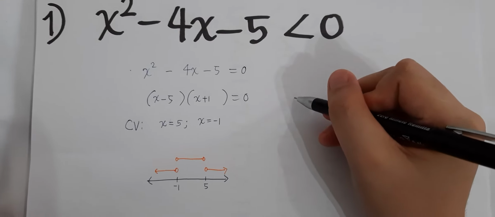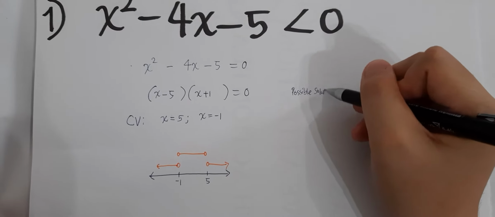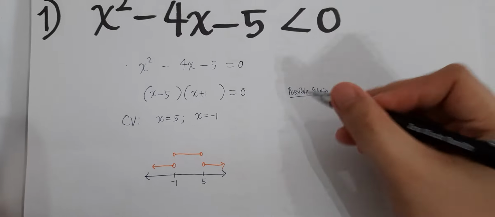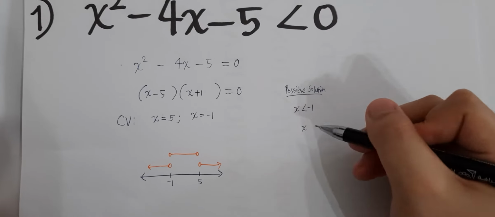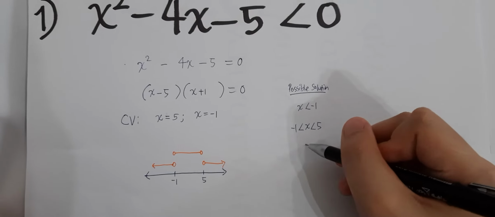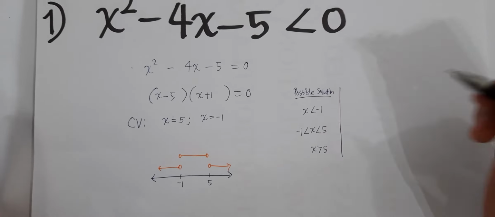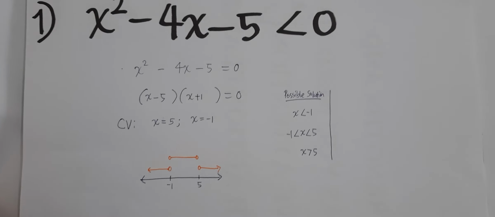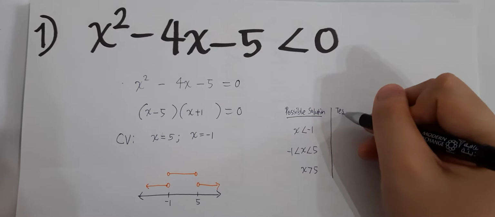So you have your possible solutions, your three inequalities: x less than minus 1, x from minus 1 to 5, or x greater than 5. After that, we will find a test point.